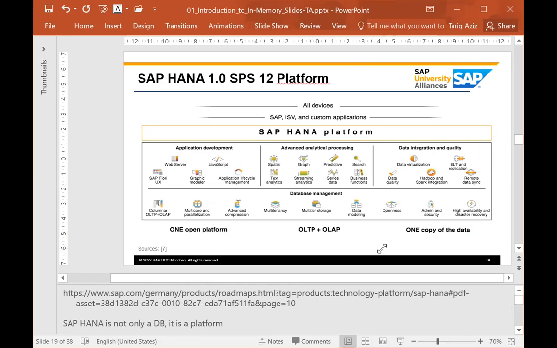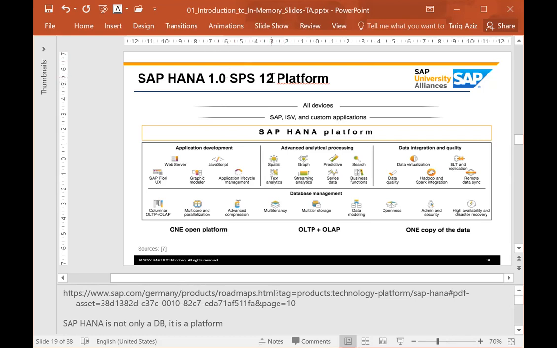Okay, this is the old platform. If you see here, these are the database management services which are available. You can say that it is HANA 1.0. At the moment we will be working on HANA 2.0, which is the latest one. HANA 1.0 SPS 12 is the latest in HANA 1.0.